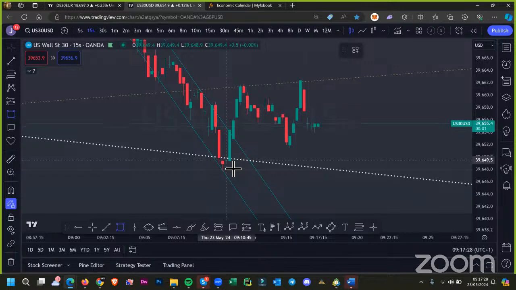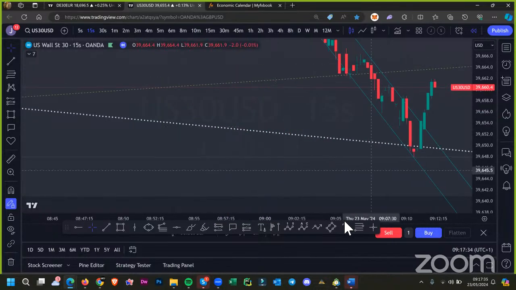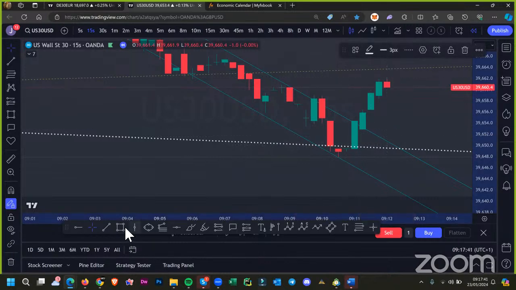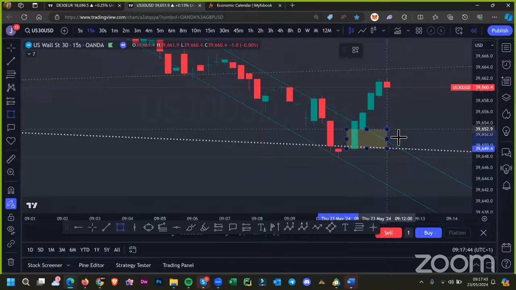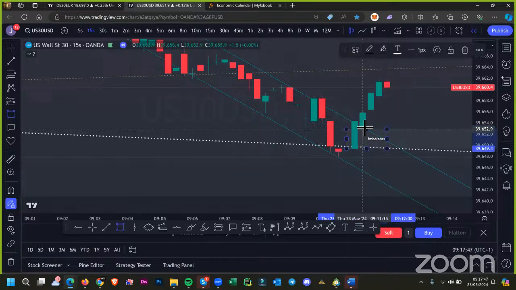In here, if I was to draw this, even if we rewound this, and we're waiting for some sort of corrections, my eyes are definitely looking at this as a potential imbalance. My eyes looking here, saying there's imbalance in here and a little gap.